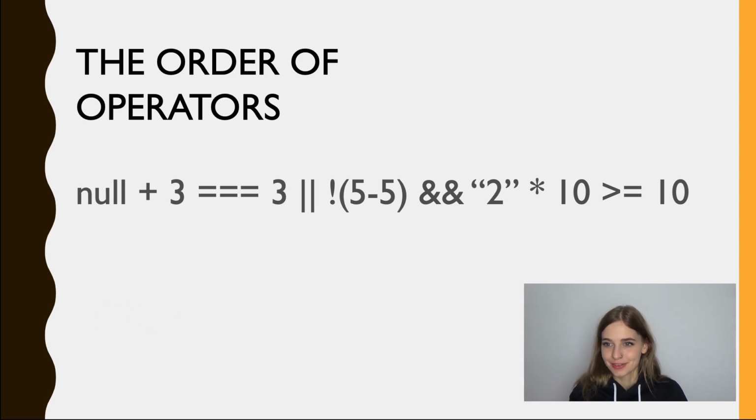So, first things first. The order of operators. That's crucial. We need to know which operand goes first, which value should be decided on first, so that when we know which one goes first, we know which one goes second, and we reduce that statement to smaller chunks.